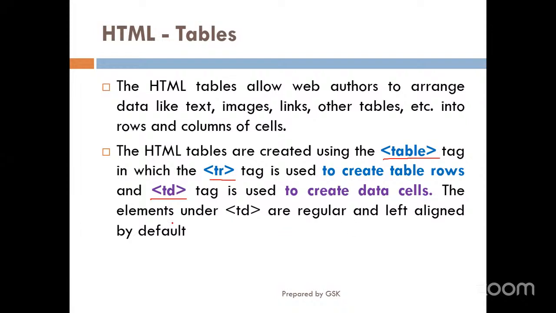Next, the elements under a td are regular and left aligned by default. By default, the font style is regular and the default alignment of the text in the cell is left alignment. If you want to change it, you can do that.